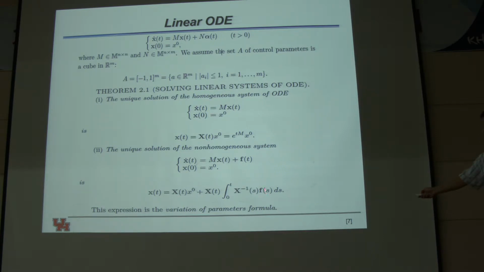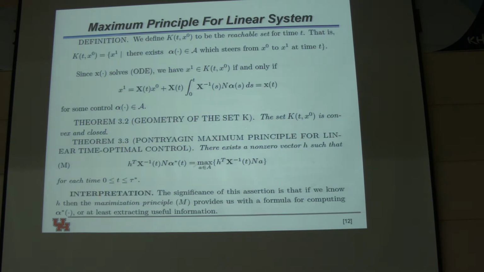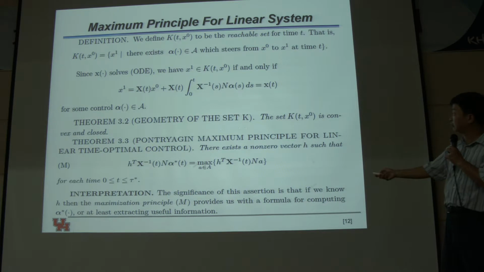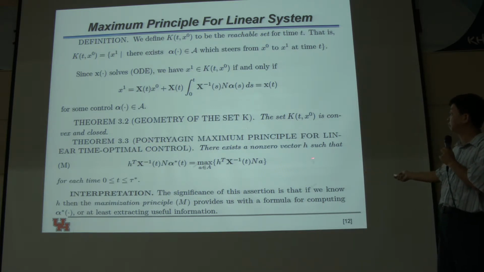How could I know that my instantaneous control can achieve my goal? This is what the maximum principle means. The maximum principle says that this one is useless, this is the equation I just showed you. But in order to achieve the optimal one, there is the Pontryagin maximum principle.